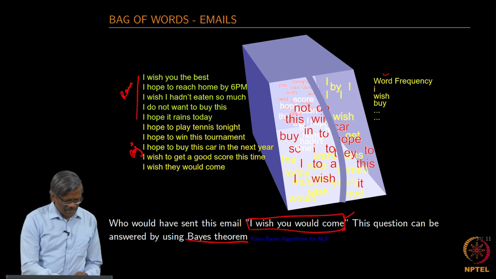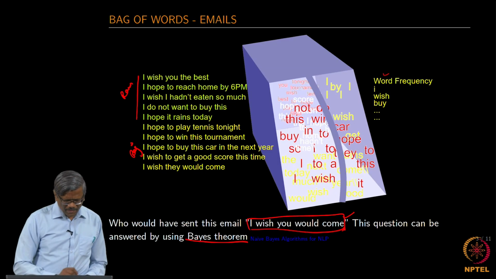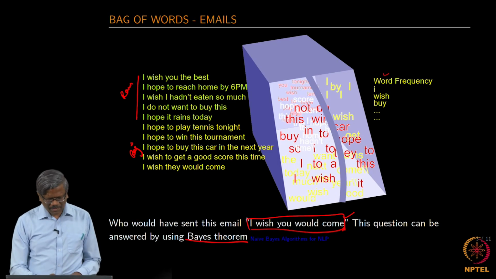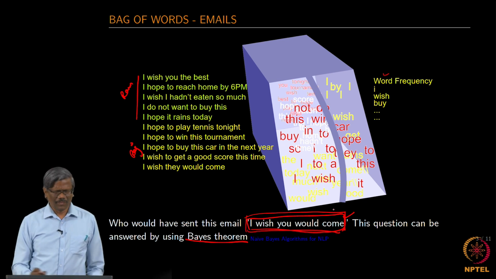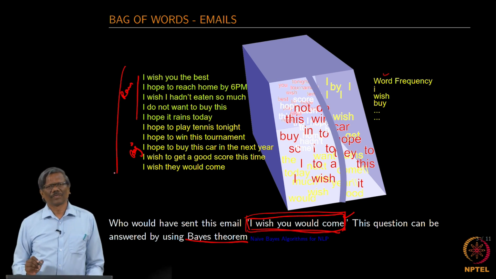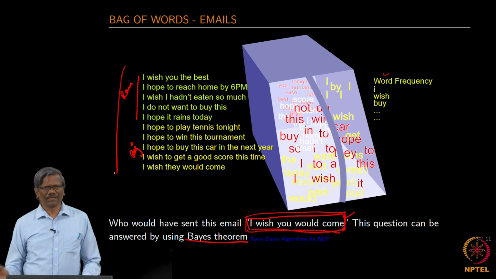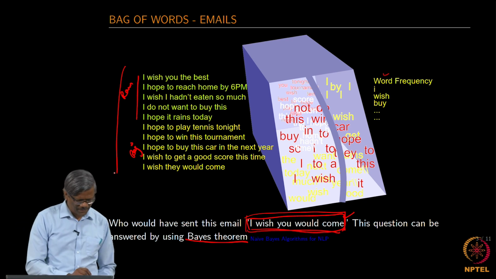The assumption is that the words in this mail are part of the data set. If they are not there, what do we do? We will look at that a little later.